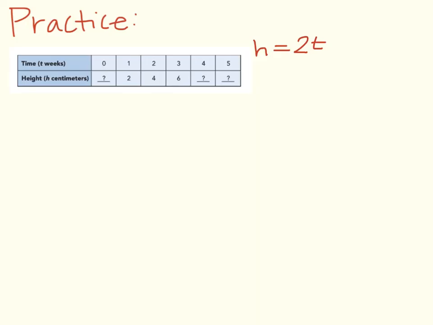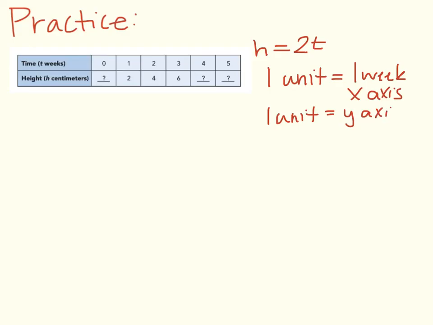Graph the relationship between T and H. Use 1 unit on the horizontal axis to represent 1 week. So 1 unit equals 1 week on your x-axis. And 1 unit on your y-axis is going to equal 2 centimeters. Okay? So follow those rules when you make your graph, okay?